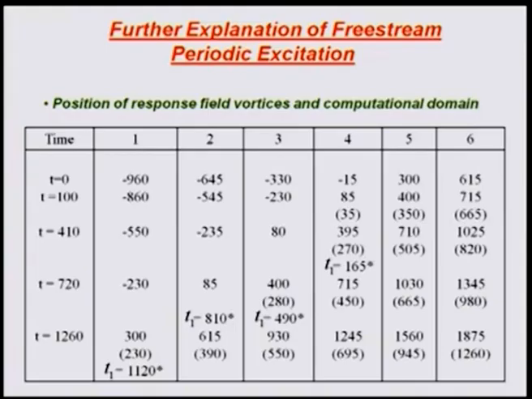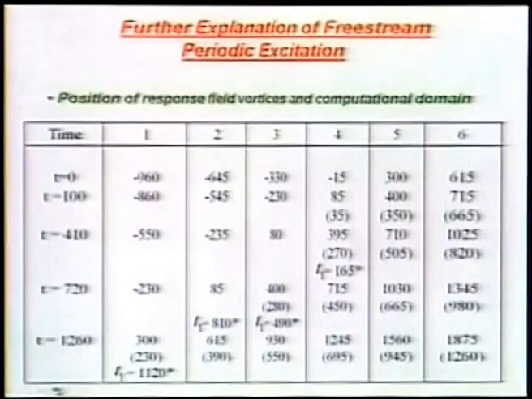See, this was supposed to be a very simple case, right. So, here in this table we have given you a proper accounting of what we just now explained for that pure convection case. I told you the vortices are placed at 300, 615, 930, 1245, etc. But there are vortices also upstream of the computational domain.